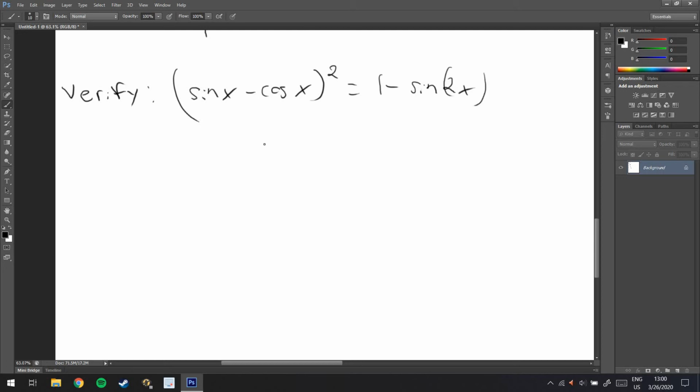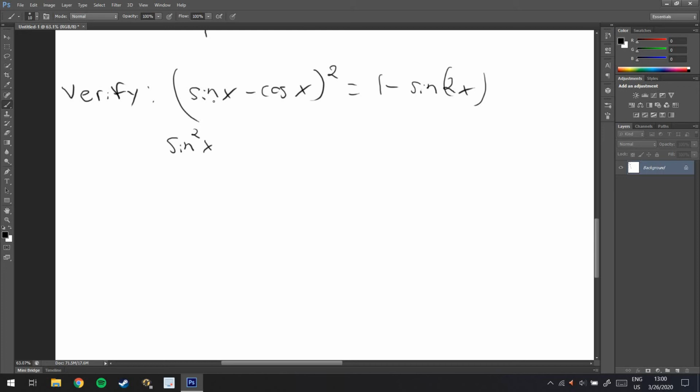Okay, we have two ways to approach this. We could start with the left, or we could start with the right. I'm first going to start with the left because I have a nice square. I have a minus b all squared, so I'm going to get a squared minus 2ab plus b squared.